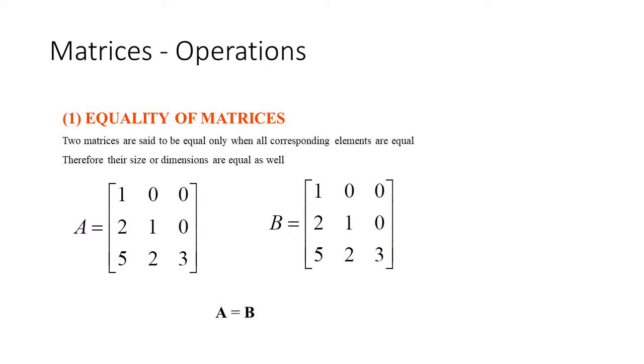The third number is 0, and in the second matrix it is also 0. So when we look at A and B, they are exactly the same order and the numbers inside are the same. Therefore we can say that the two matrices A and B are equal.